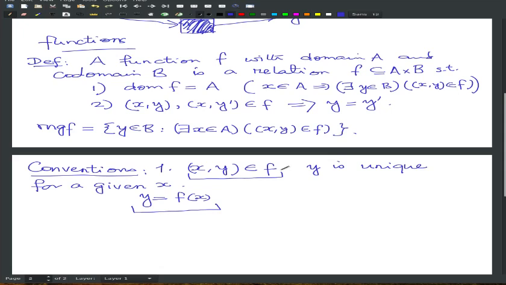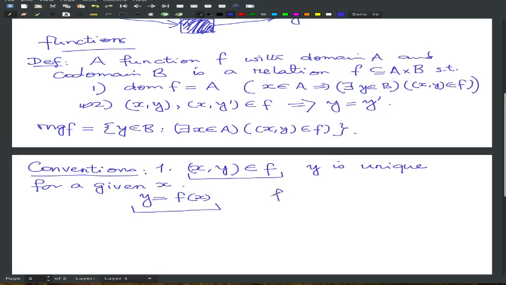But here, this second part of the definition automatically tells you this y is unique the moment you give me an x. So it's natural to denote it by something which shows its dependence on x, and why not therefore to write it like this and speak of it as f of x.